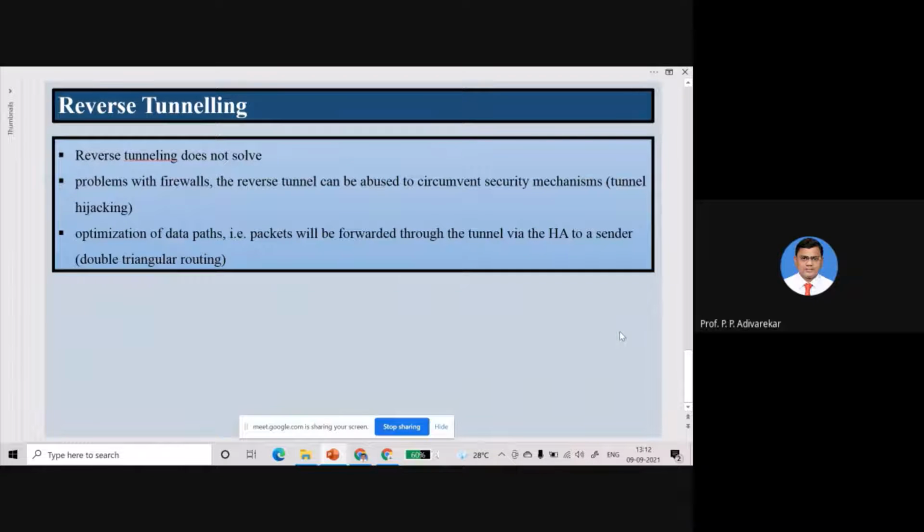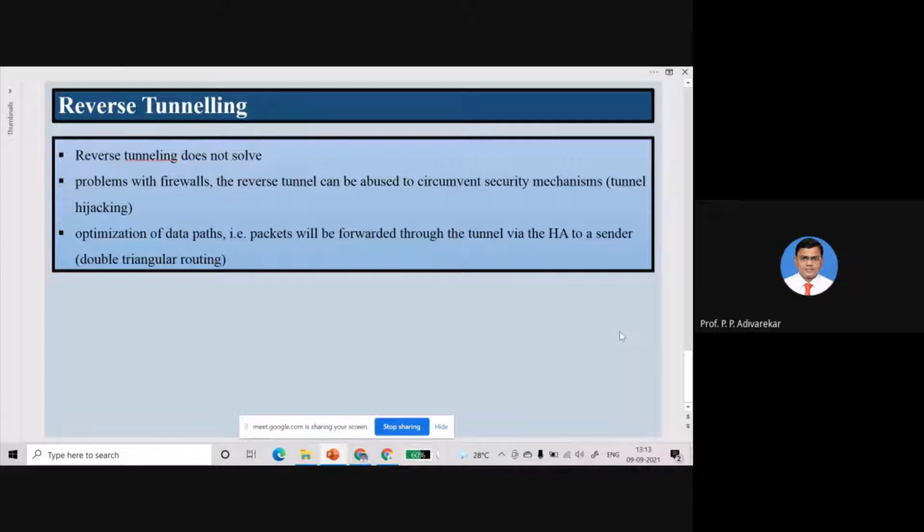The first issue, when packets are sent from the mobile node towards the correspondent node: a company's intranet will deploy a firewall at the foreign agent, because most or all of the information exchanged by the company within the network or outside the network has to be kept confidential.